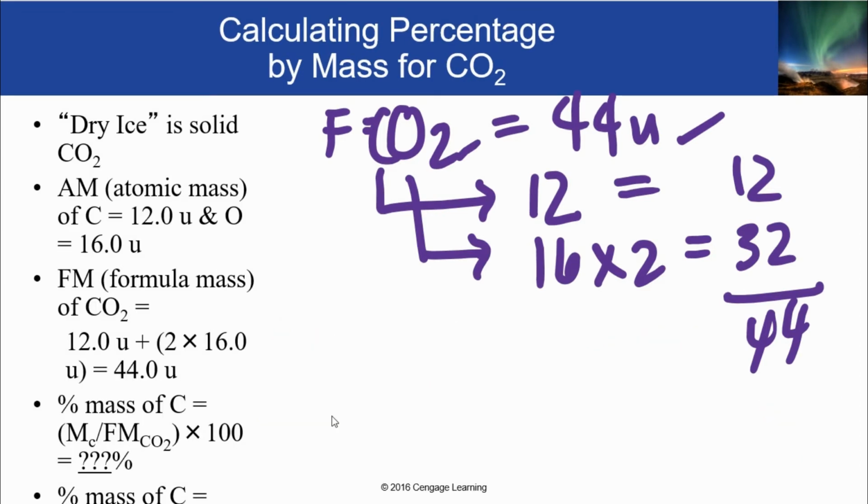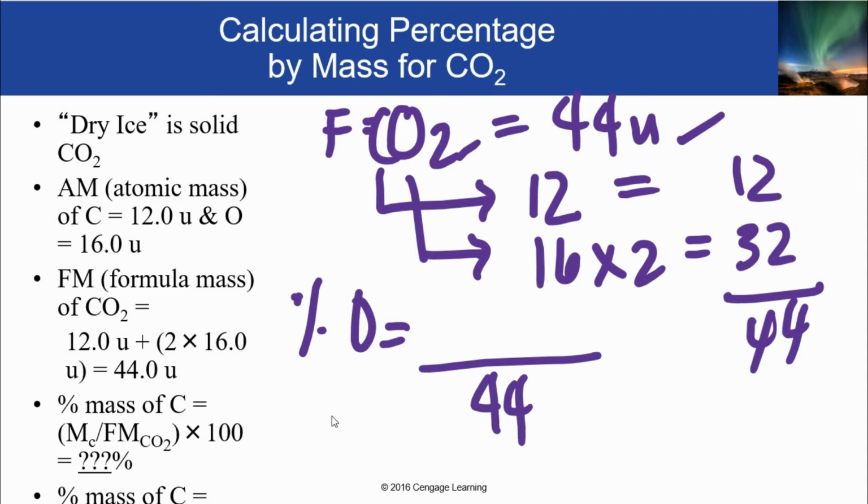So, paano naman kung ang gusto natin kuhanin ay percentage by mass ng oxygen? So, ganun pa rin, kailangan natin kuhanin yung mass ng ating component, which is oxygen, and divide it by the formula mass, which is 44.